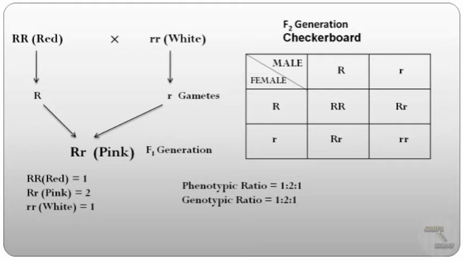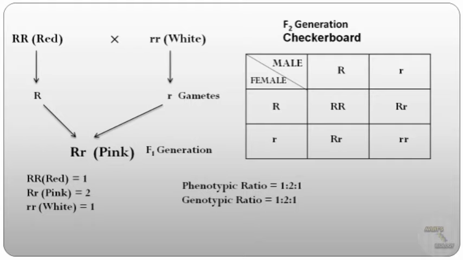So from here we can say that the phenotypic ratio will be 1:2:1, as there will be one plant with red colored flower and two plants with pink colored flowers and one plant with white colored flowers. So the genotypic ratio will also be 1:2:1, as we are getting one RR, two Rr, and one small rr.